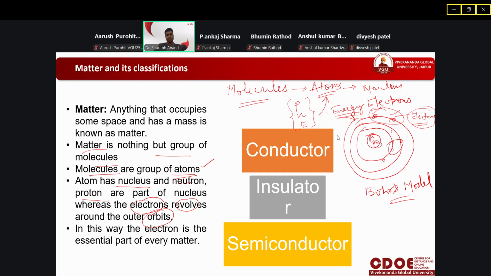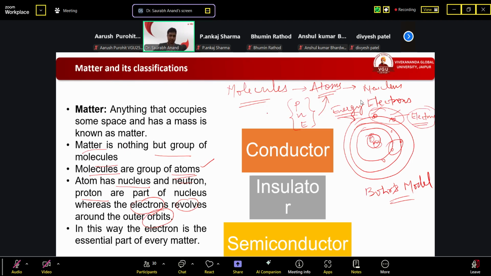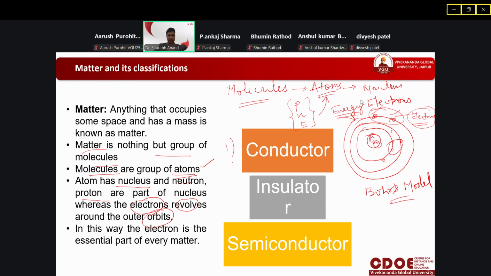Okay, so this is all about matter, but matter can be classified into three types on the basis of conduction. So we have three materials: conductor, insulator, and semiconductor. Conductor is the material in which the flow of electron is very easy.